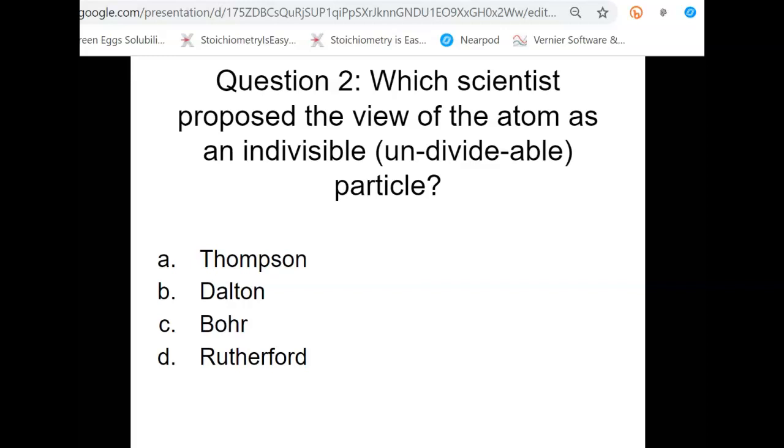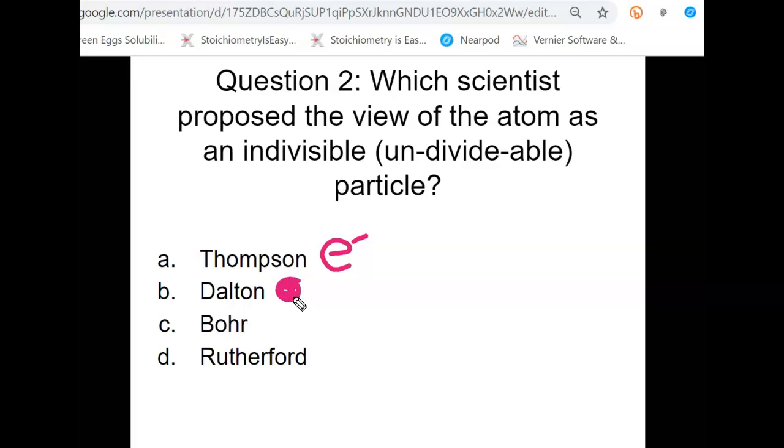Thompson said there were negative particles inside the atom called electrons. Okay, so he said there were negative particles. Dalton said the atom was really just like a sphere. He said the atom was like the smallest particle of an element. That atom was the indivisible particle.